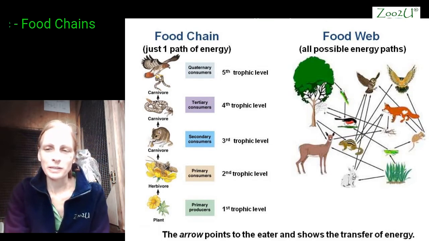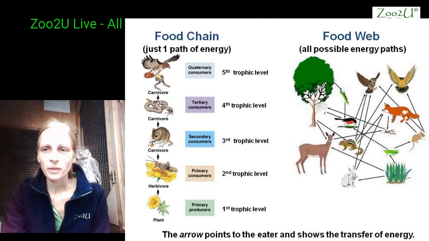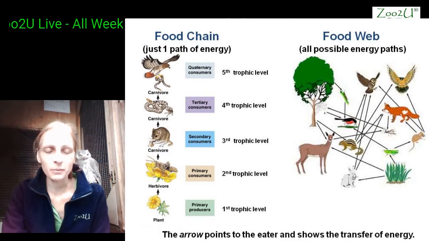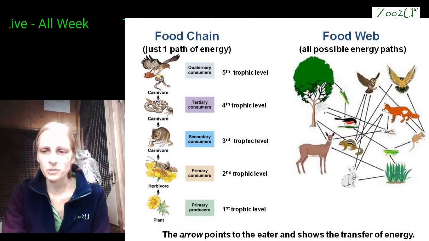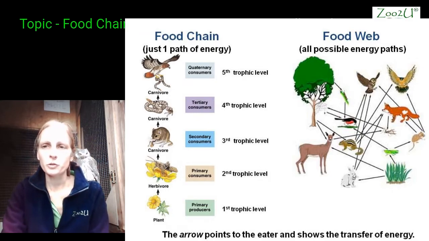They will hunt or eat lots of different things, such as the deer, which eats both trees and shrubs, but also the grasses as well.